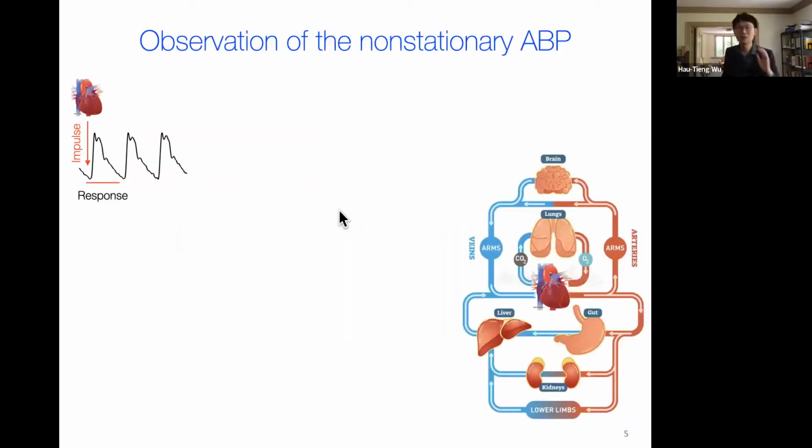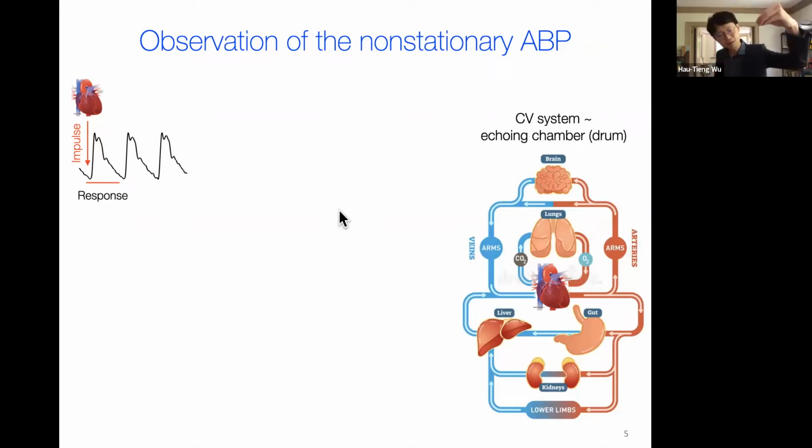So let's start with some more observations of the non-stationary arterial blood pressure signal. What you can see is that the arterial blood pressure (ABP) signal is sinusoidal, and it repeats again and again. We can view it as the heartbeat: when the heart beats, it squeezes an amount of blood into the cardiovascular system.